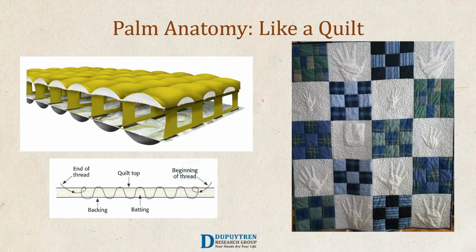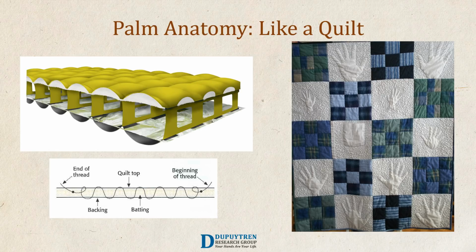Now, when someone makes a quilt, they take a layer of cloth, fabric, and then they put on that a layer of padding, and then they put on that another layer of cloth, and then stitch through all three layers. And what this does is this anchors the layers together, and it prevents the different layers from sliding side to side relative to each other, and stitches in different areas to accentuate the contour of the cloth because it pulls down in certain areas.